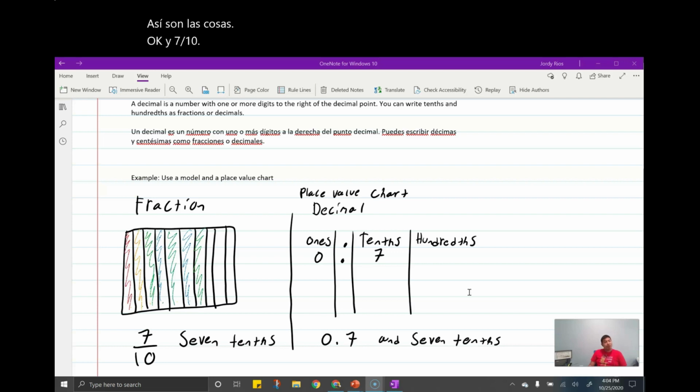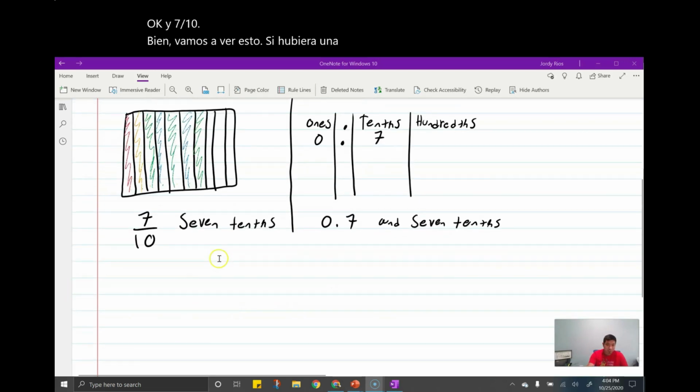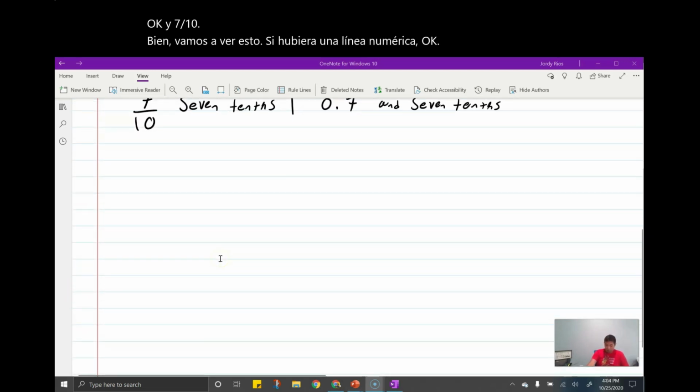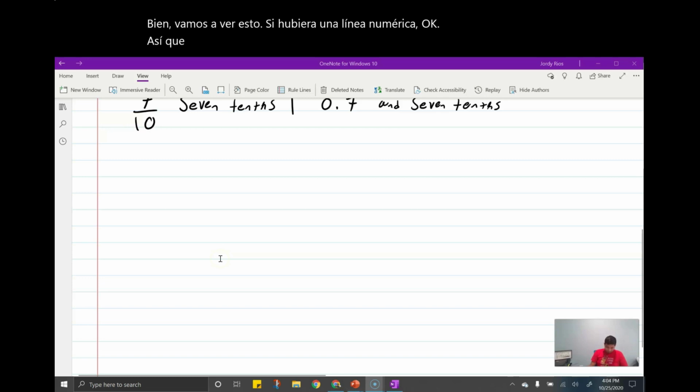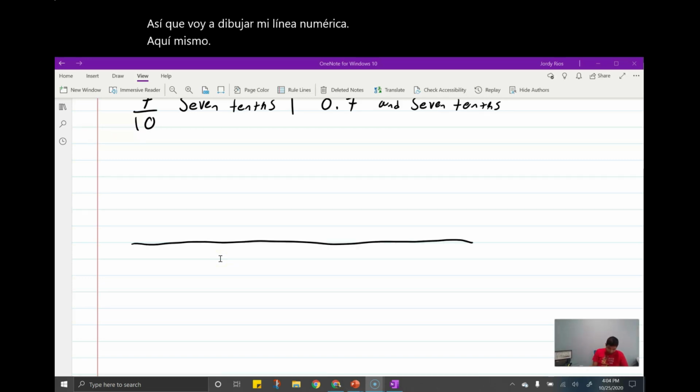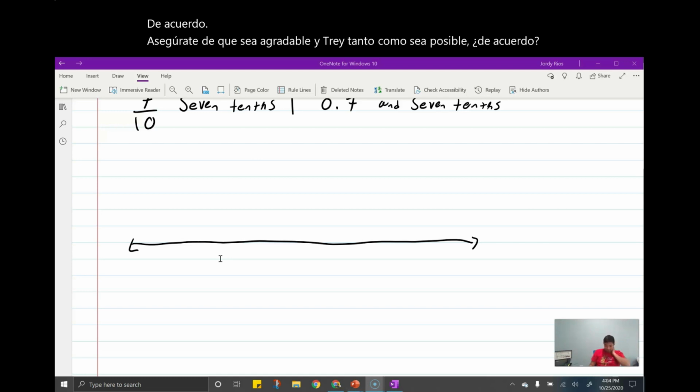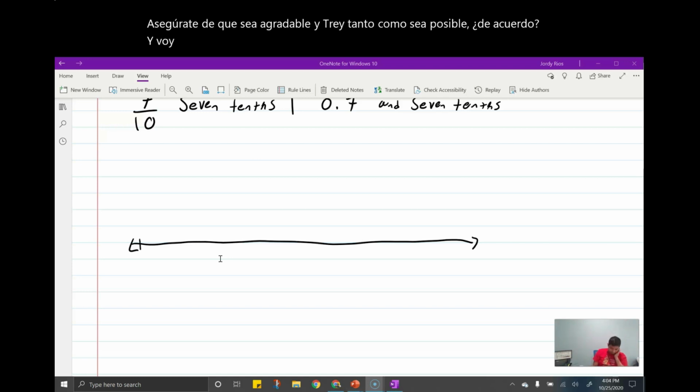Okay, let's go ahead and look at this if there was a number line, okay? So I'm gonna draw my number line right here. Okay, make sure it's nice and straight as much as possible, okay? And I'm gonna fill in my numbers, which is 0 and 1, okay? Which is a whole number, alright?